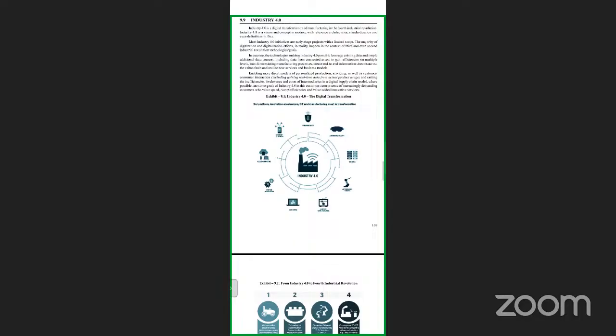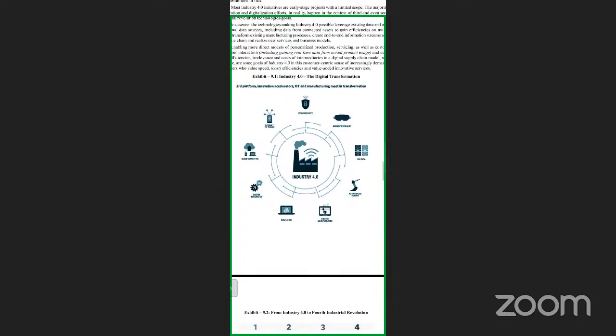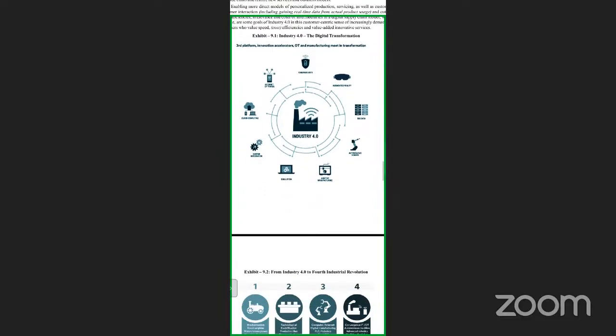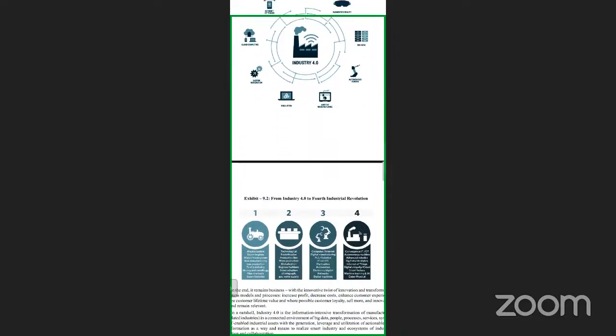You can look at the picture to see how Industry 4.0 is going to affect cybersecurity, augmented reality, the Internet of Things (IoT), cloud computing, system integration, simulation, additive manufacturing, autonomous robots, and big data. This is the platform where digital transformation is taking place, that is Industry 4.0.